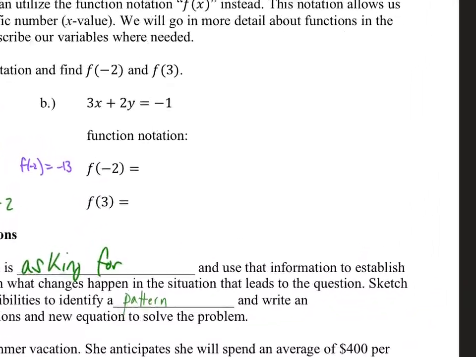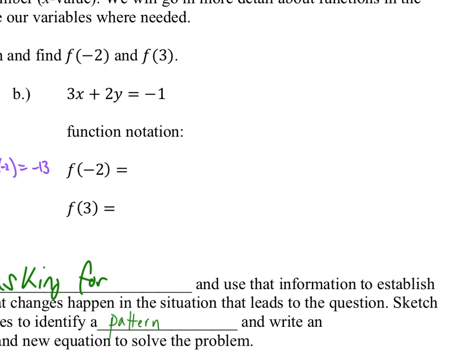This next one, if I wanted to get this into function notation, with the idea that f of x replaces y, noticing that y is not isolated here, the first thing I need to do is isolate y. So just subtract 3x from both sides. I have 2y equals negative 3x minus 1.